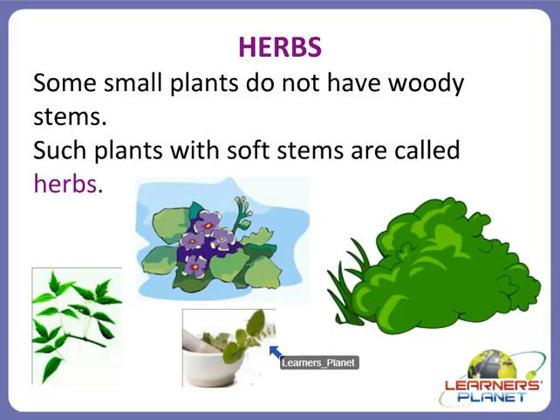So all such plants are called herbs because they do not have woody stems. For example, in this picture, we cannot see any woody stem of this plant. So children, these all are called herbs.